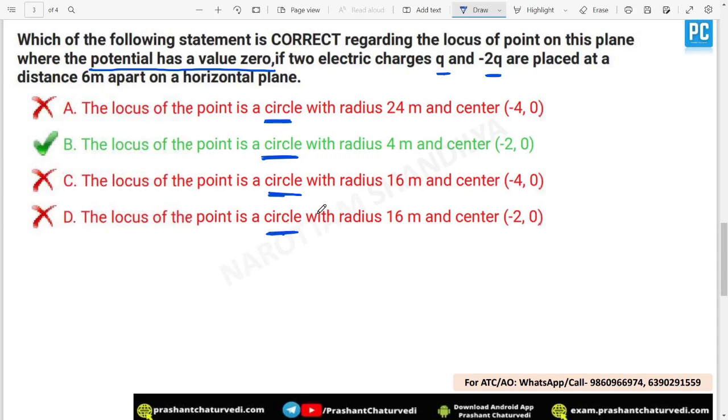Now in the video lecture I had also told you that they can give you different loci, so you can eliminate the options, but in this question they had not given any other locus. So I know that it will be a circle.